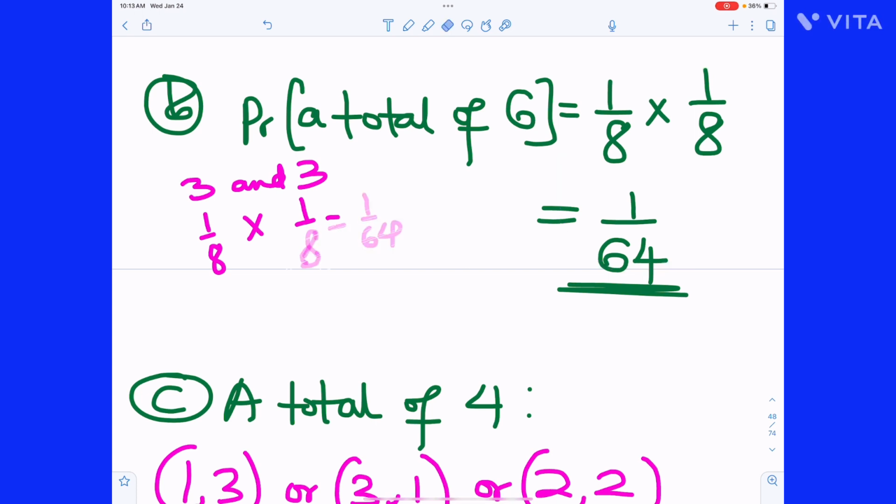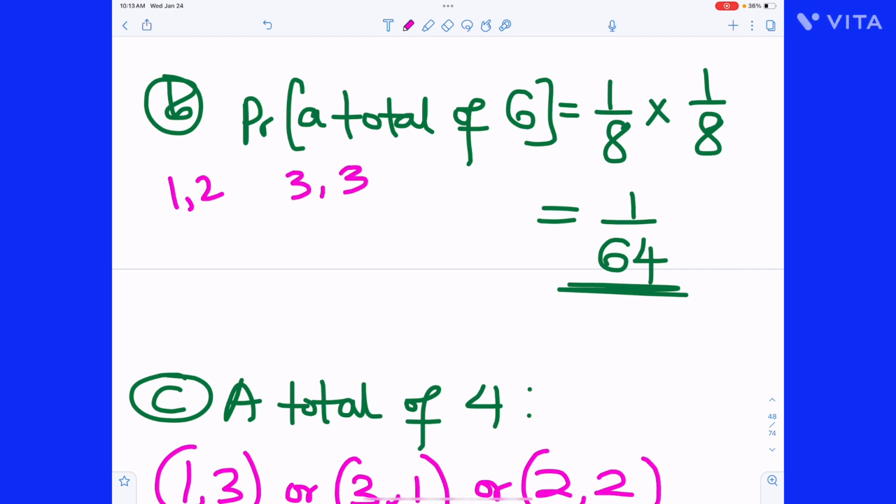Okay, all right. Now, this is pretty simple. If you check very well, what are the possible ways of scoring a total of 6? It's only when you score 3 twice that you get a total of 6. No other combination. 2, 3 will not give you 6. 3, 2 will not give you 6. 1, 3 and 1, 2 will not give you 6.